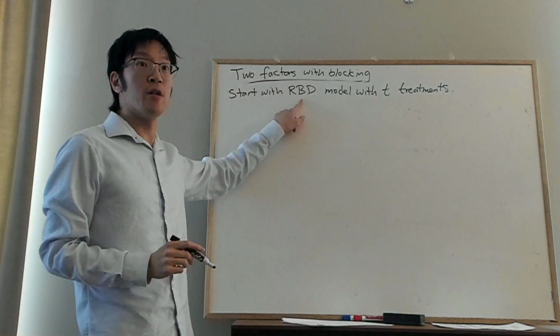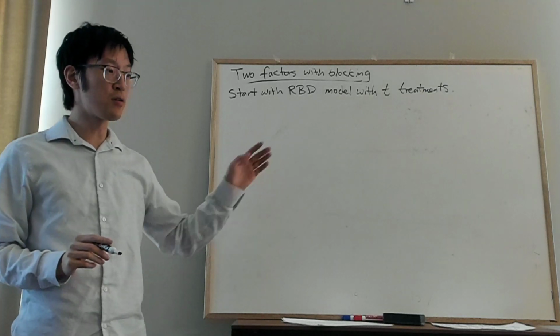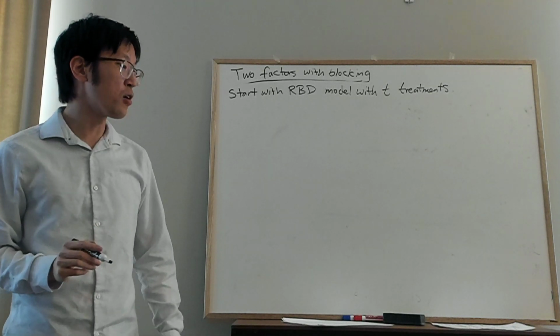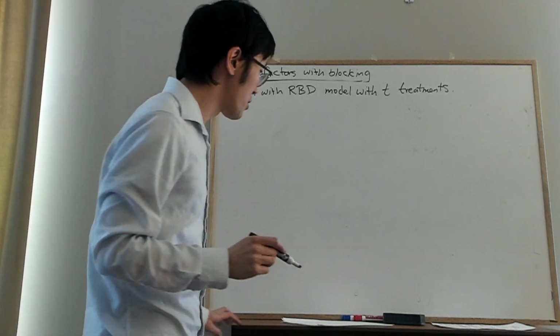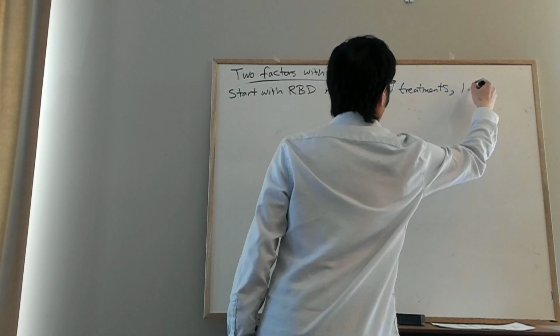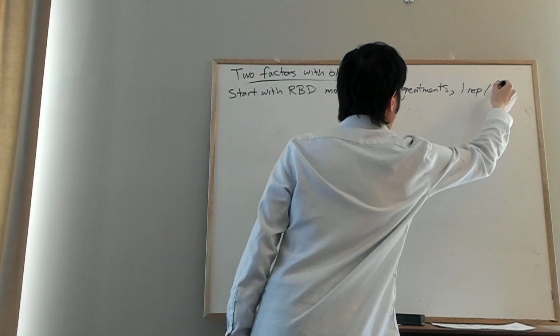And in our context, when we did randomized block design, we only have one replicate for each treatment and block combination, so we'll keep the same setup here. So one rep per block.